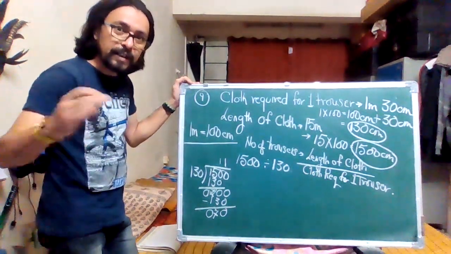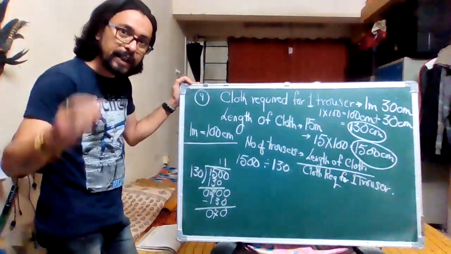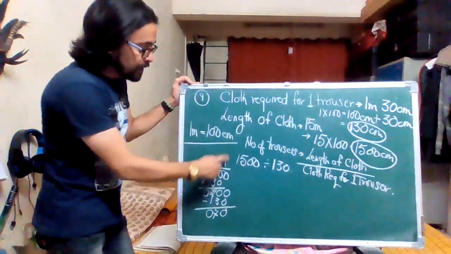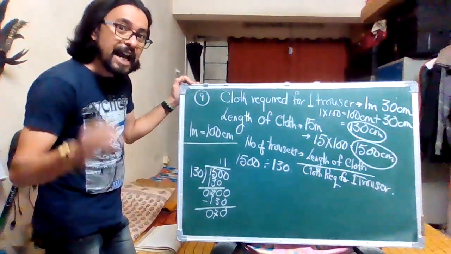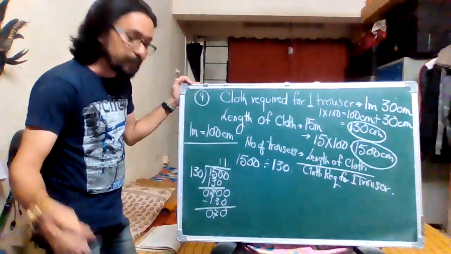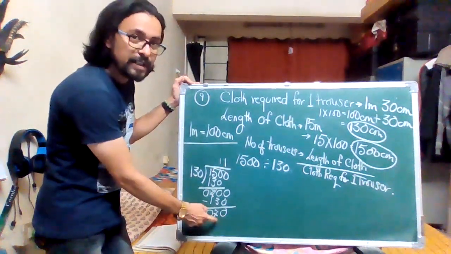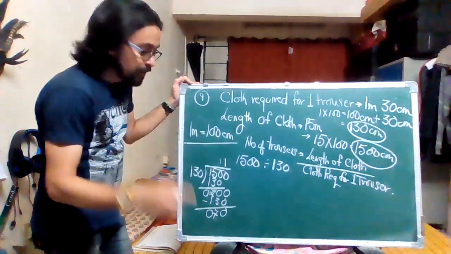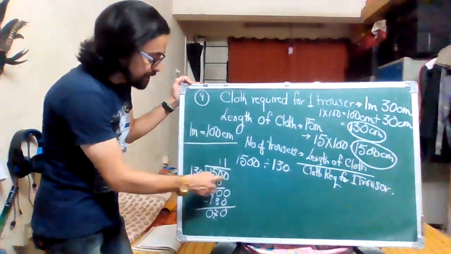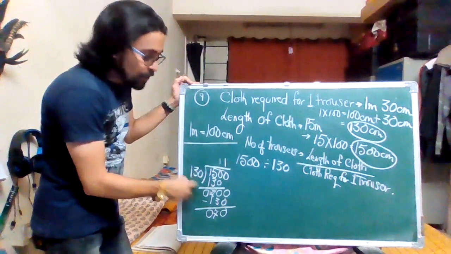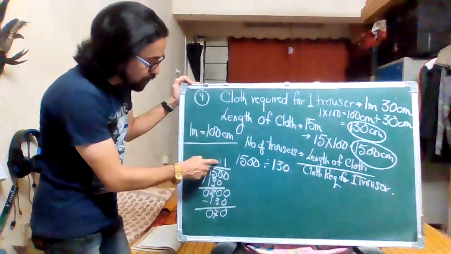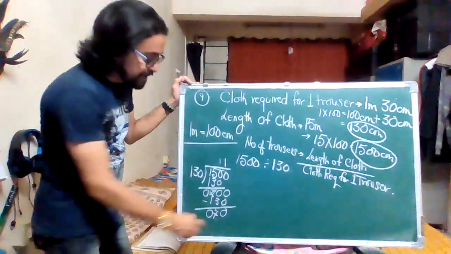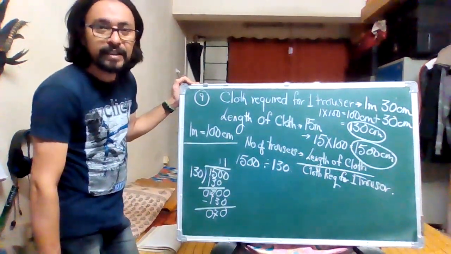So the tailor is going to keep on cutting 130, 130, 130. He will get 11 pieces from which he can make 11 trousers. At the end of cutting all the 11 pieces, that much material is still left. Now remember, children, I am dividing centimeters by centimeters, so my remainder will also be in centimeters. So 11 trousers will get made and 70 centimeters of cloth will be left.